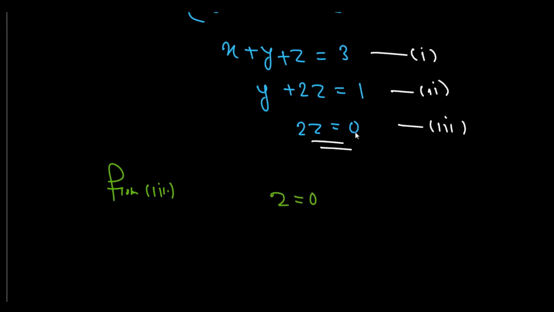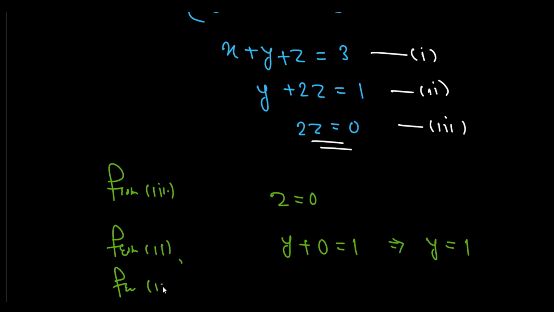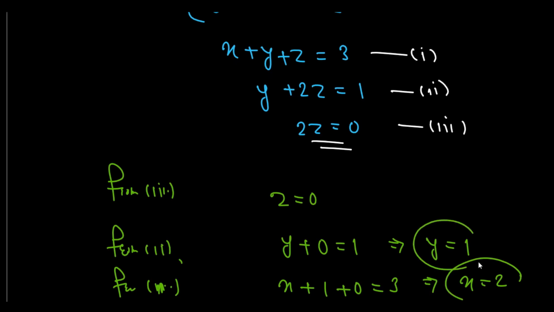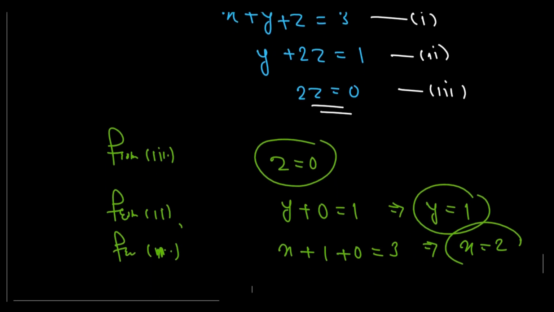Putting z equal to 0 in equation 2, y plus 0 is equal to 1, so y is equal to 1. Using the values of z and y in equation 1, x plus y plus z equal to 3, so x is equal to 2. These are the solution, and there is only one value for x, one for y, and one for z.